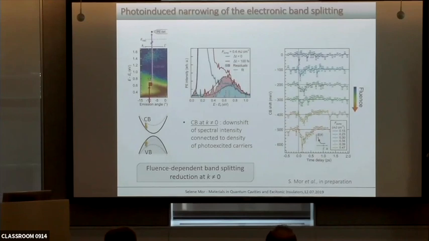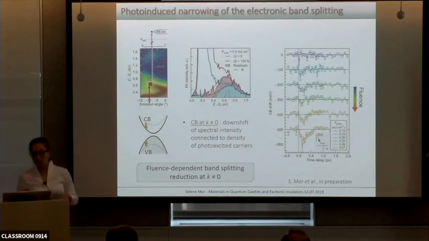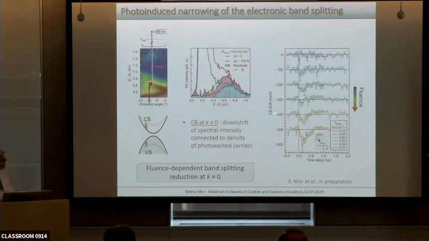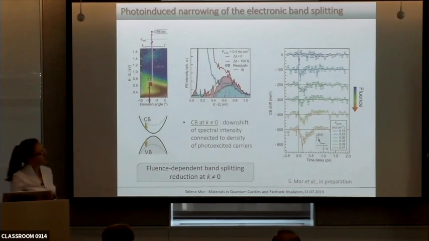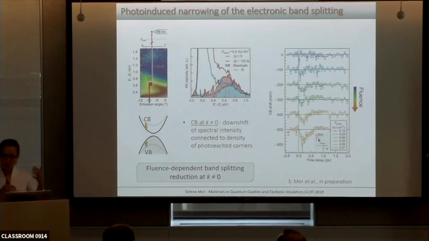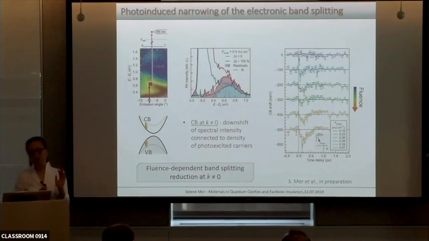We didn't try to separate this information. As soon as we saw this shifting behavior, we wanted to see whether there was just a pure shifting potential or other mechanisms. It was quite interesting to see a redshift of the conduction band at this momentum, and that this redshift is fluence dependent, so we can connect the upward shift dynamics of the valence band with the downshift of the conduction band.